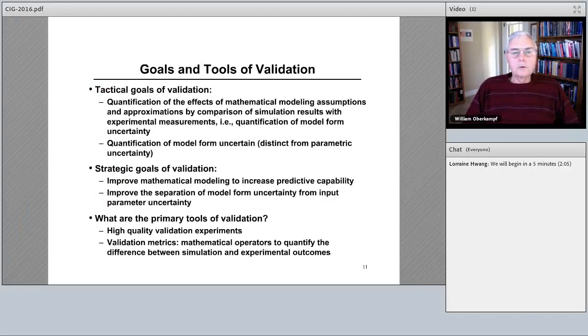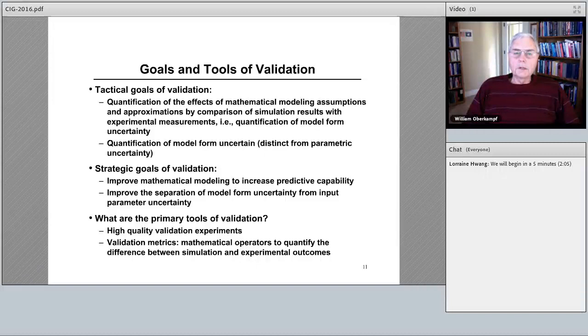Let's talk about goals and tools of validation. Some of the tactical or near-term goals of validation are quantification of the effects of mathematical modeling assumptions and approximations by comparison of simulation results with experimental measurements. Typically, what you try to do is the quantification of what's called model form uncertainty.